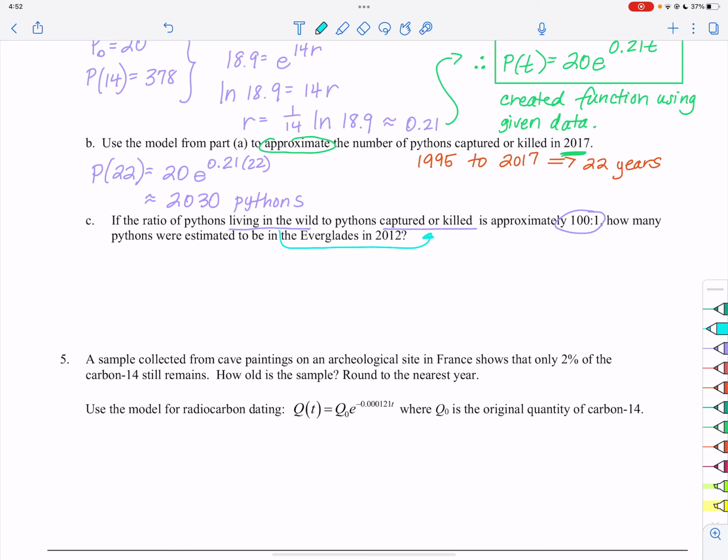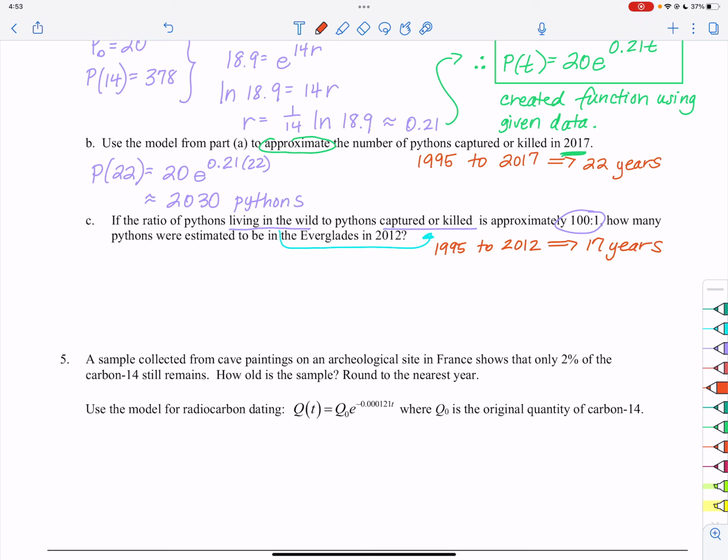That's what we're looking at, is 100 to 1. How many pythons were estimated to be in the Everglades in 2012? So for 2012, from 1995 to 2012, we have 17 years.